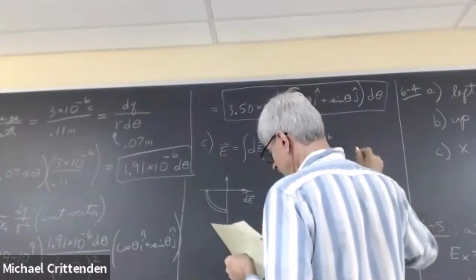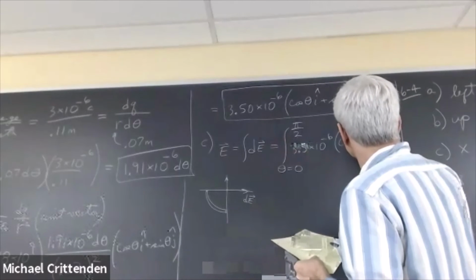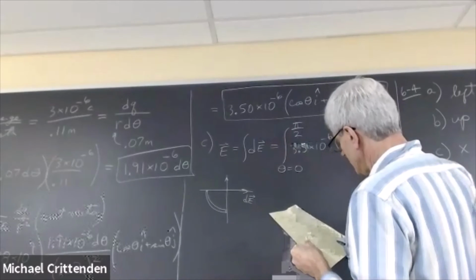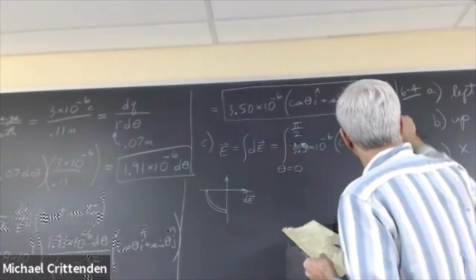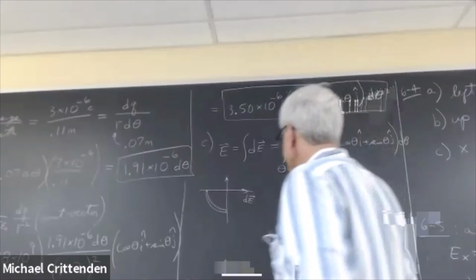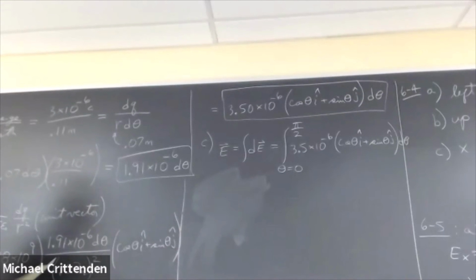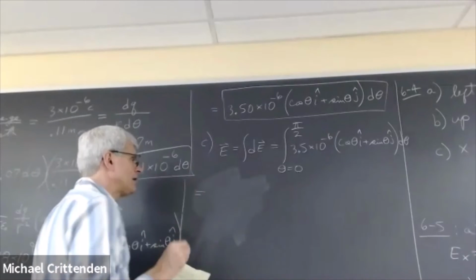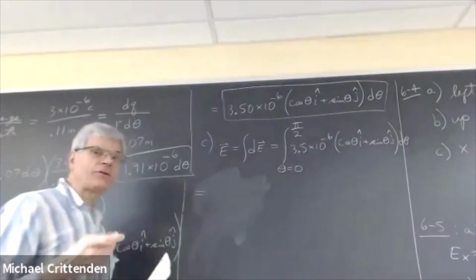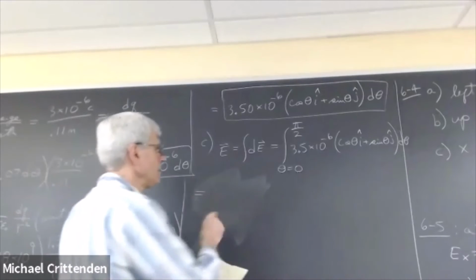3.5 times 10 to the negative 6. Well, this is just recopying the thing above it. It's always a good idea to take constants out in front of an integral, just to get them out of the way so you're not tripping over them.